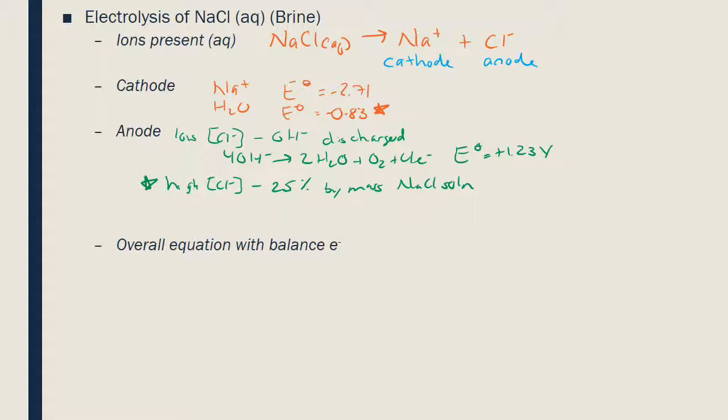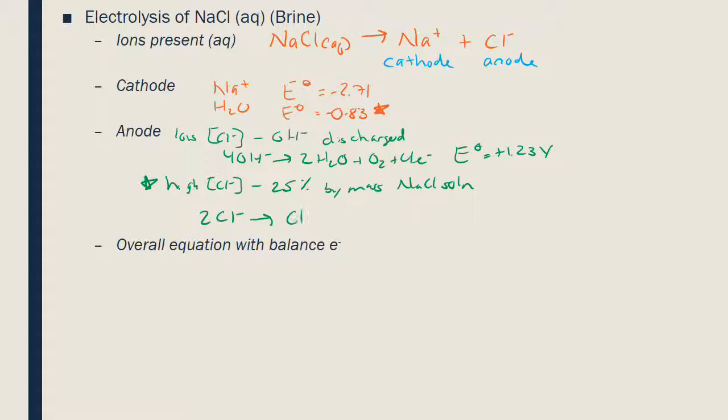So it's really a hefty solution. Because chlorine is the overwhelming majority of ions present at the anode, it is going to essentially be discharged over the hydroxide ions.